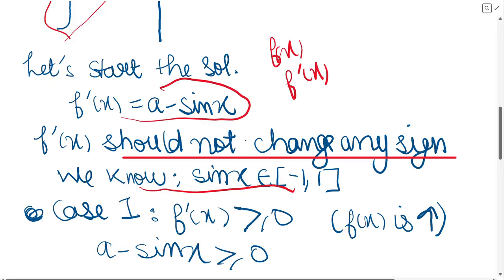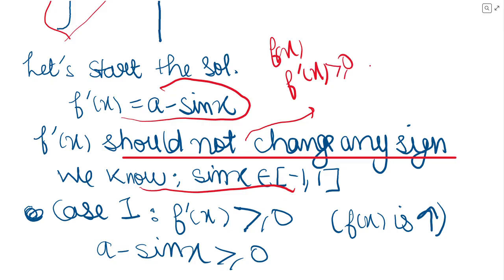Somebody can ask why I am insisting that the derivative should not change any sign. When I say this, it means the derivative can either be greater than or equal to 0, or less than or equal to 0. When it is greater than or equal to 0, the function is increasing, and when it is less than or equal to 0, the function is decreasing.